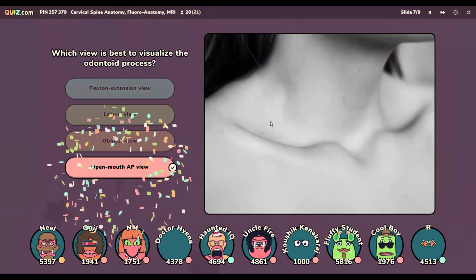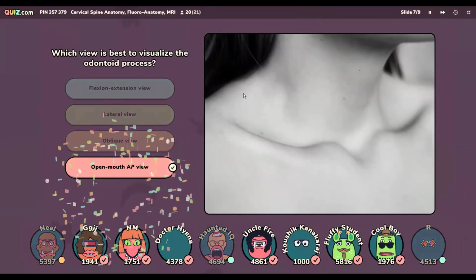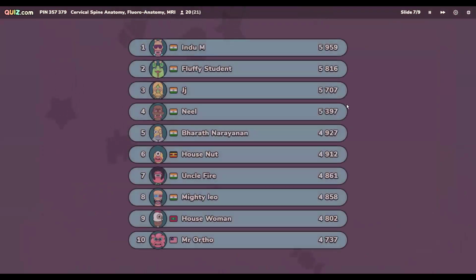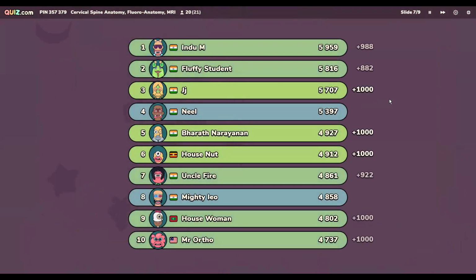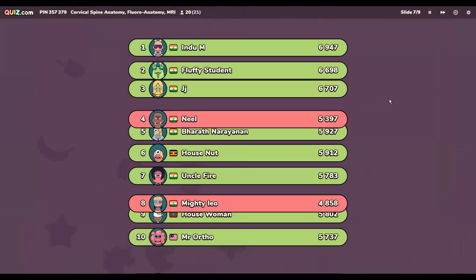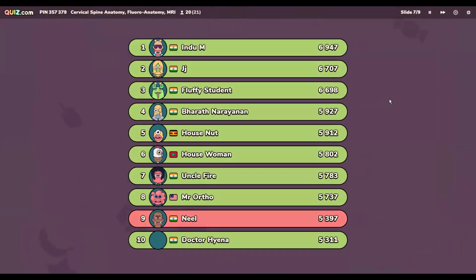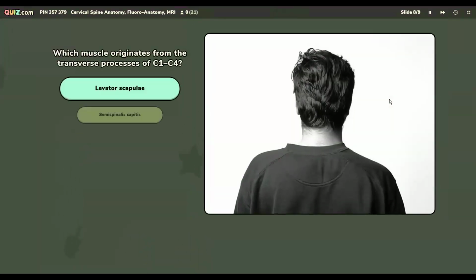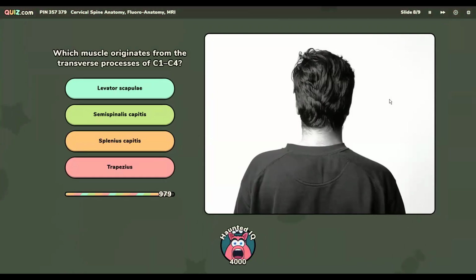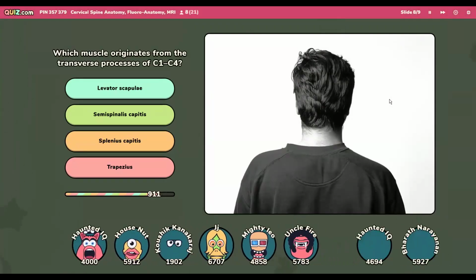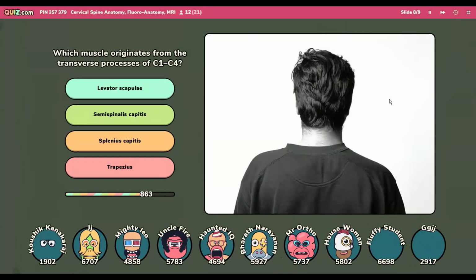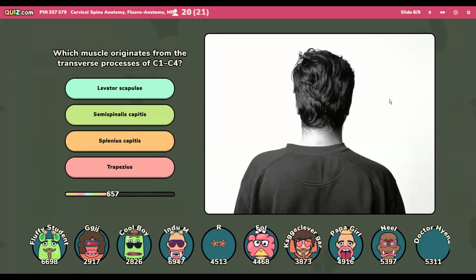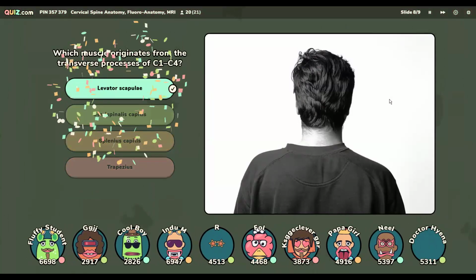Open mouth AP view. Which muscle originates from the transverse processes of C1 to C4? Levator scapulae.